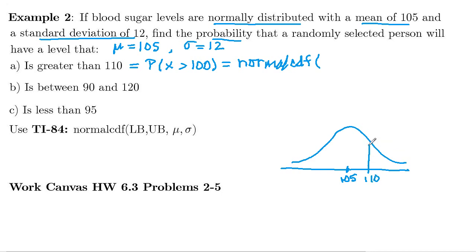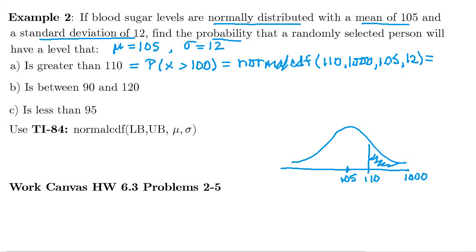To the right of 110 would be this area over here. So our left cutoff is 110, our right cutoff will be 1000. So 110 to 1000. Mean 105 and standard deviation 12.